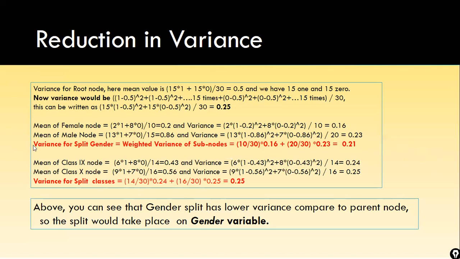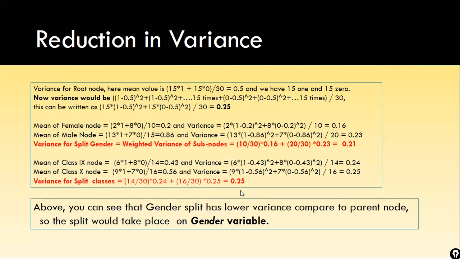Variance for the gender split: 10 female out of 30 students and 20 male out of 30. The variance for the female node is 0.16, for the male node is 0.23, so the total variance for the gender split is 0.21.